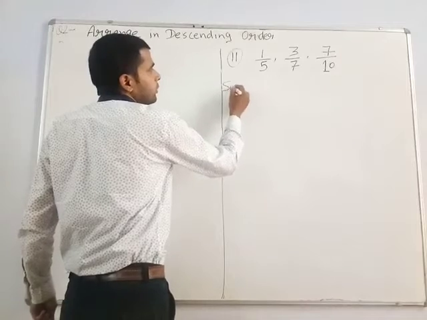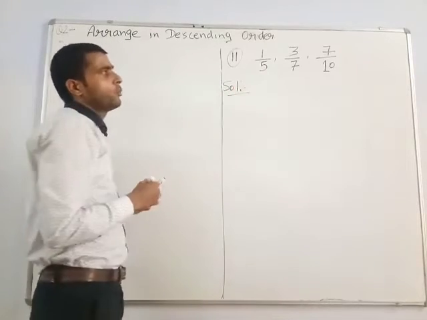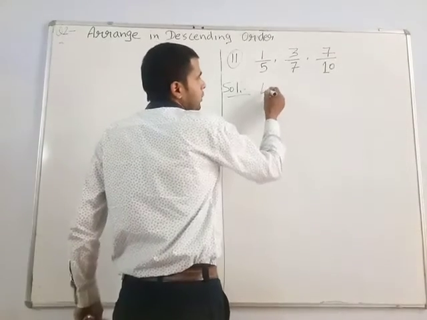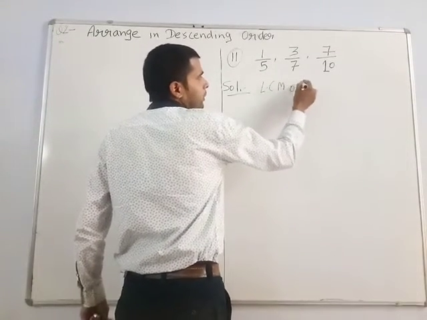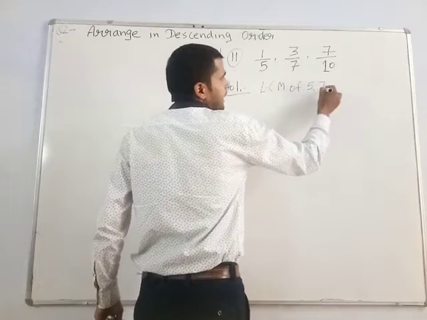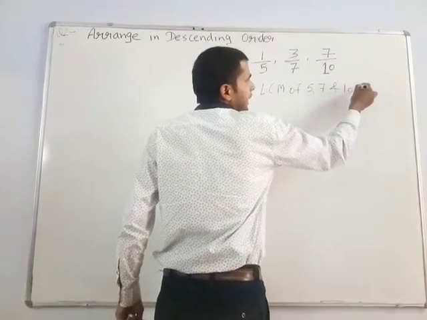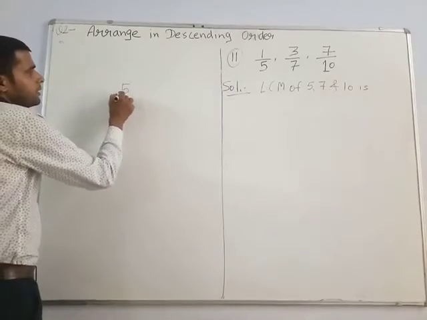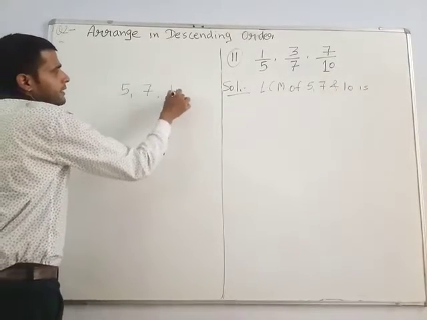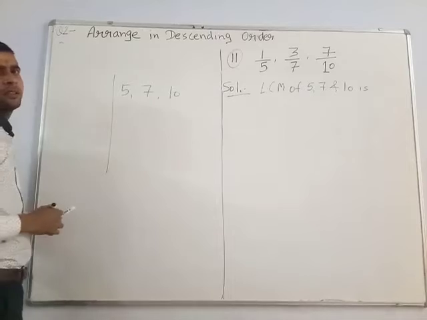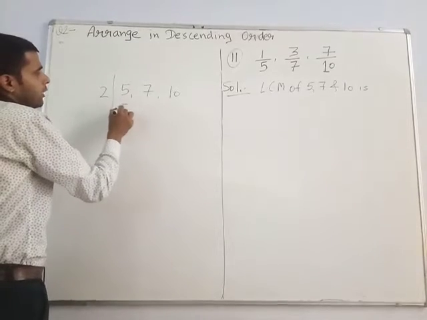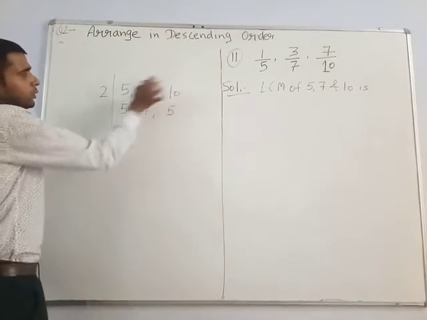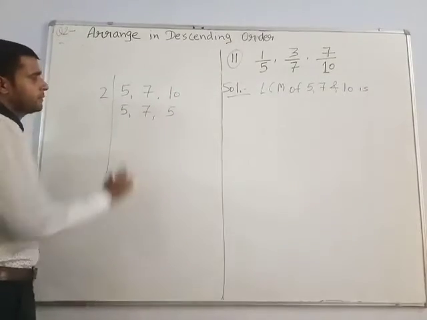Then question number second part, 1 upon 5, 3 upon 7 and 7 upon 10. So you have to take LCM of 5, 7 and 10. First divided by 2, 5, 7 and then 5. 10 divided by 2 is 5.